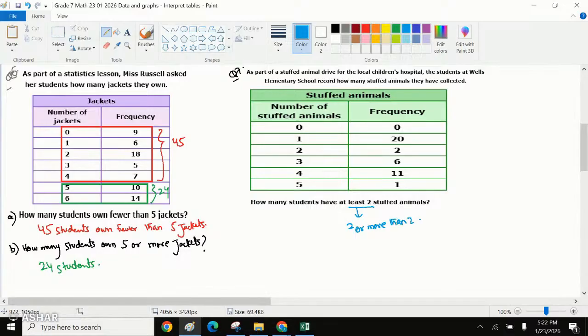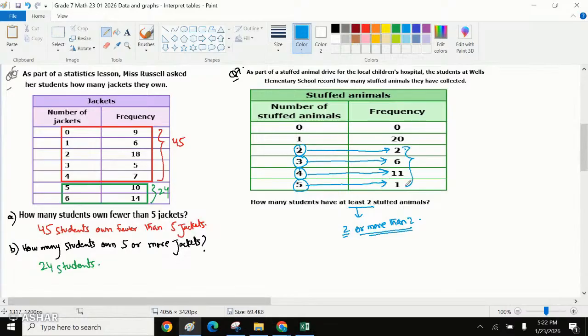When we are doing 0 and 1, that means fewer, less than, at most 2. So when we are saying at least, it could be 2 or any number that is more than 2, right?